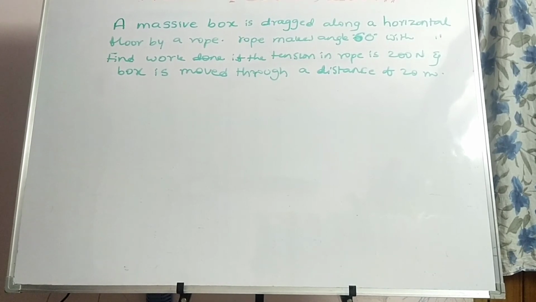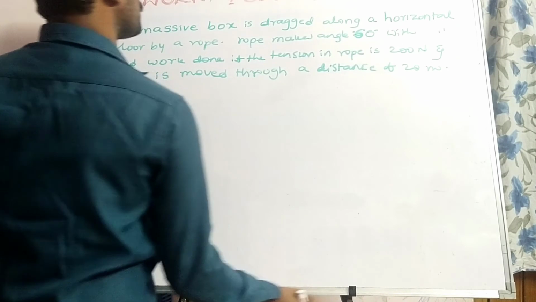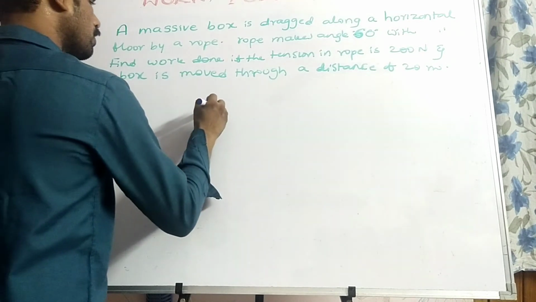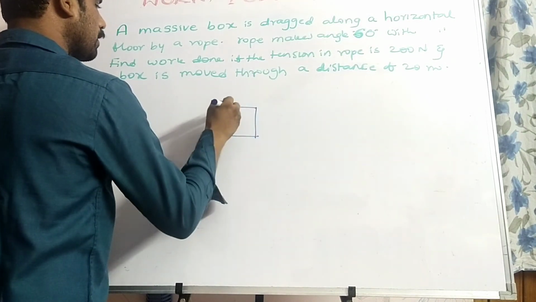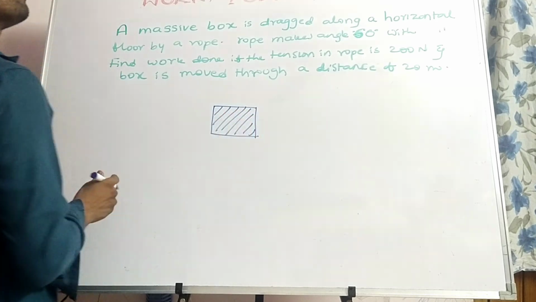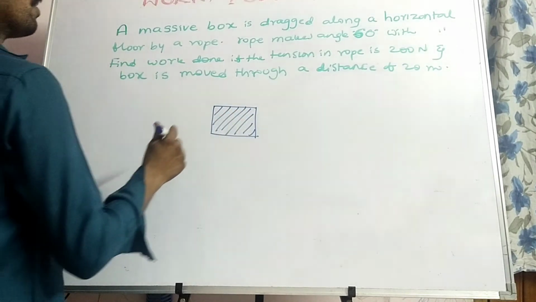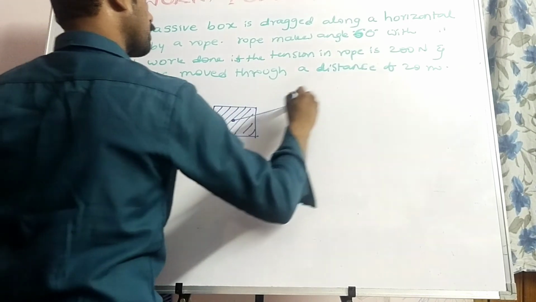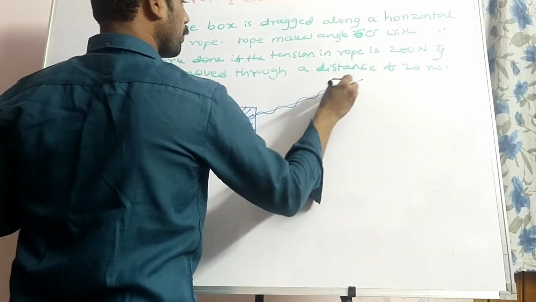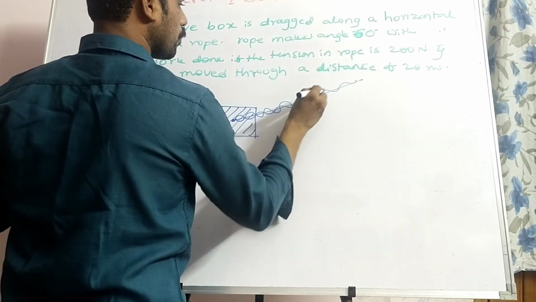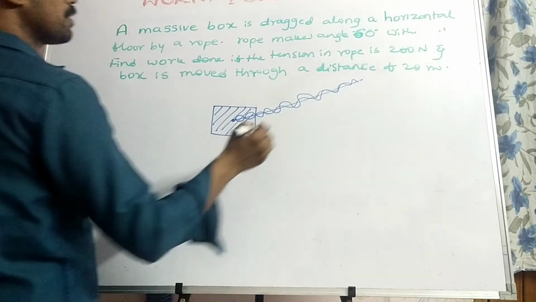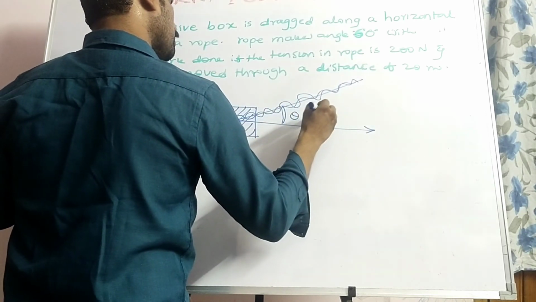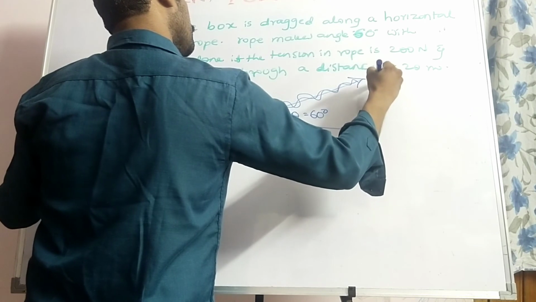Here we have a very simple question. A massive box is dragged along a horizontal floor by a rope. The rope makes an angle theta equal to 60 degree with the horizontal, and the tension in the string will be acting like this.